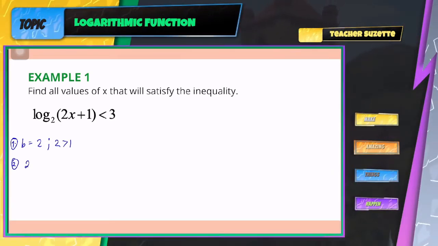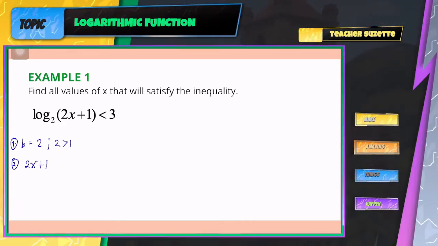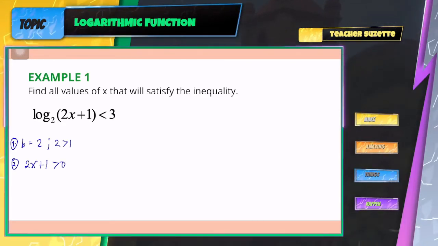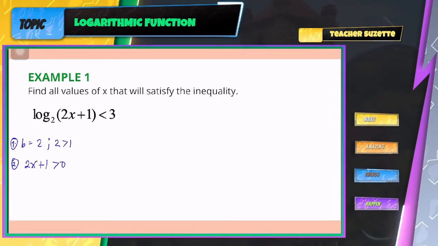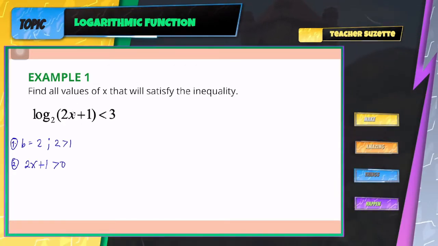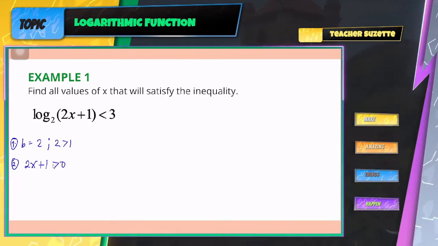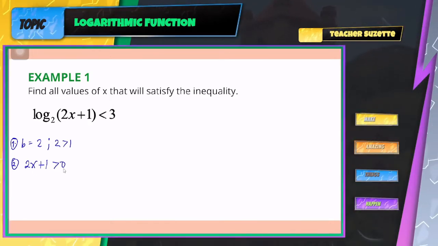If we have 2x plus 1, it should be greater than 0, because our argument, which is 2x plus 1, should be positive by the definition of a logarithmic expression. So, we set 2x plus 1 greater than 0 and solve.